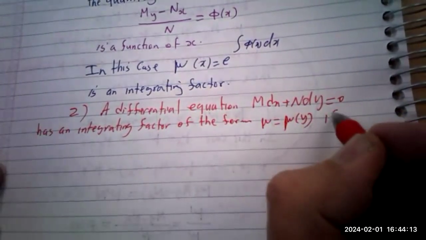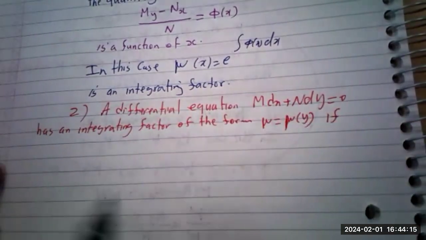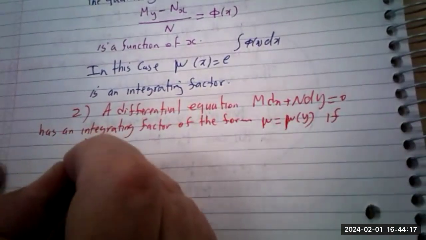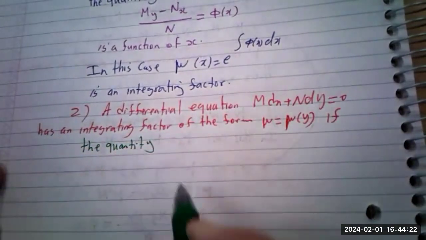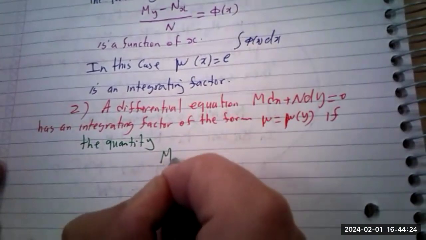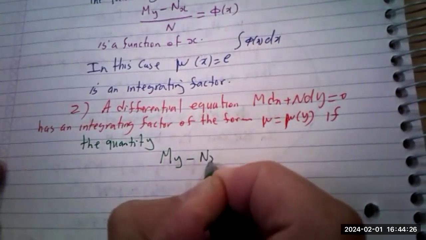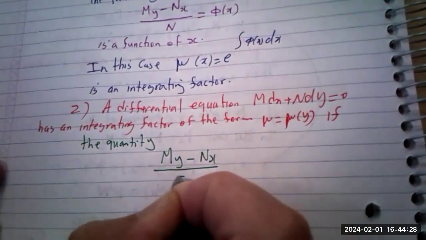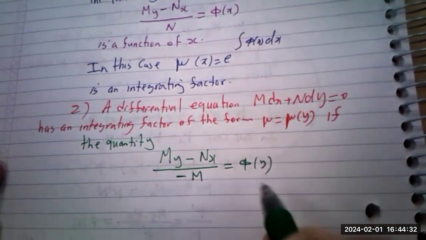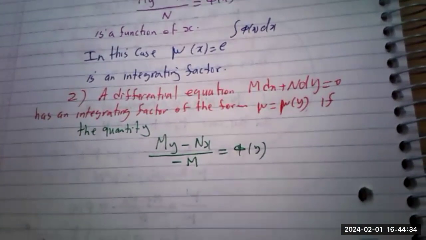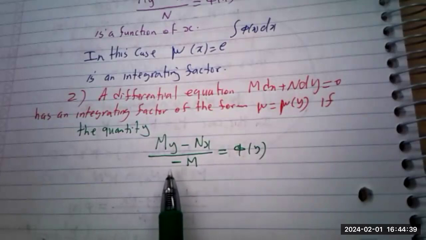the quantity, this time the quantity is this. The top is the same, M sub y minus N sub x, and you divide it by negative M. This must be a function of y. Some people, I think your book is the same, multiply the top by negative and consider this one as N sub x minus M sub y.